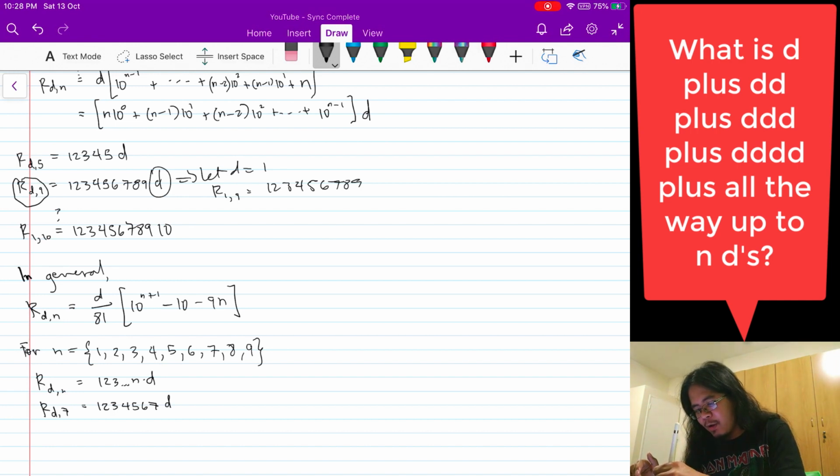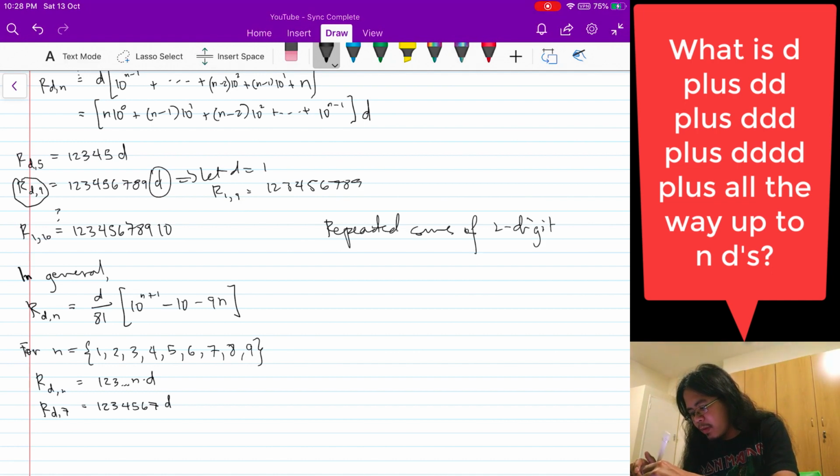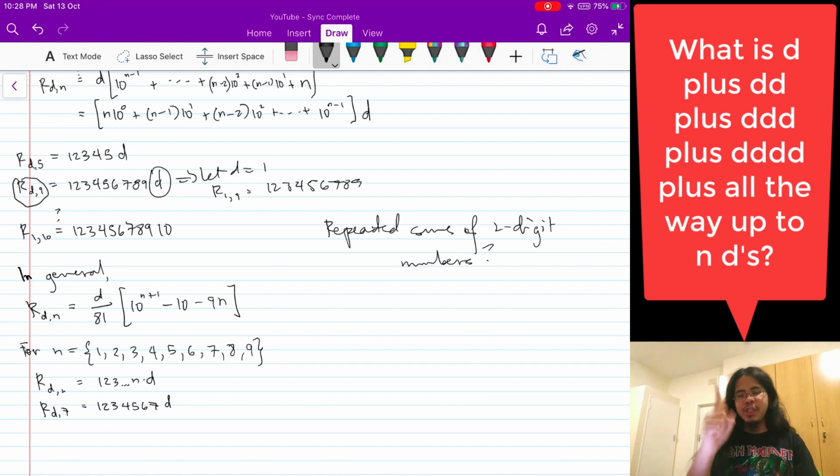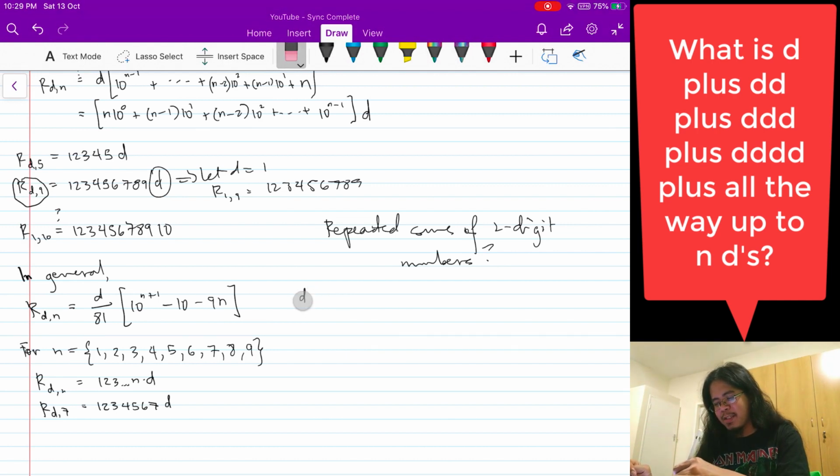what if we consider repeated sums of two-digit numbers? Because we're doing here the simplest case, just one digit. For example, take 13.